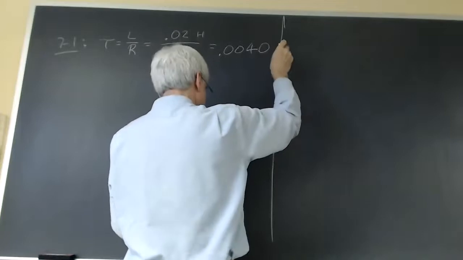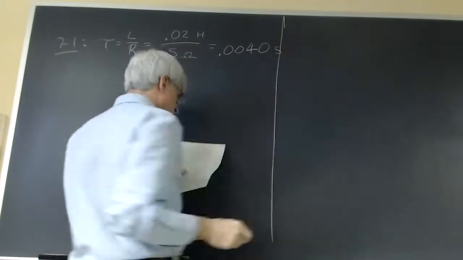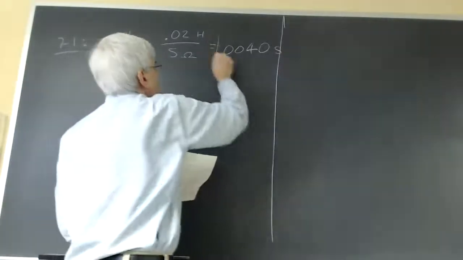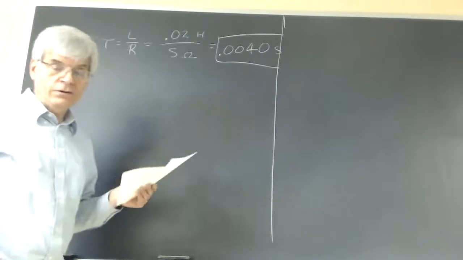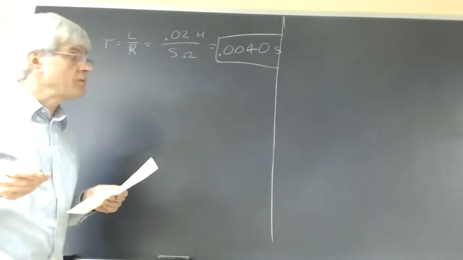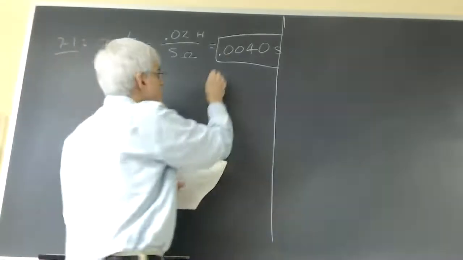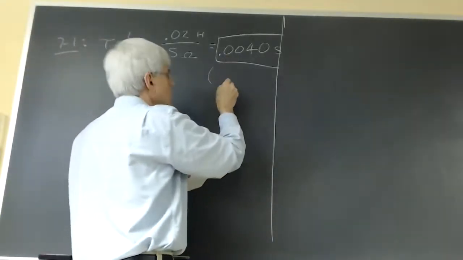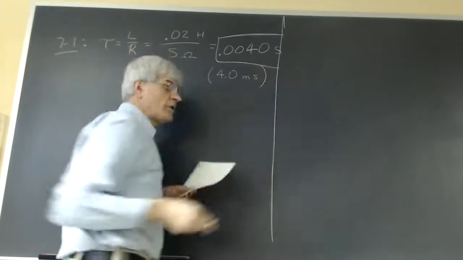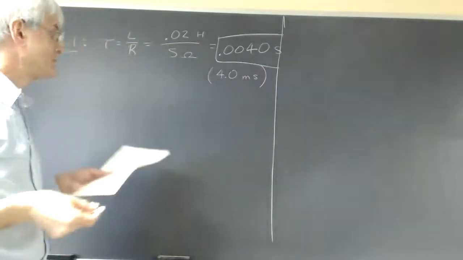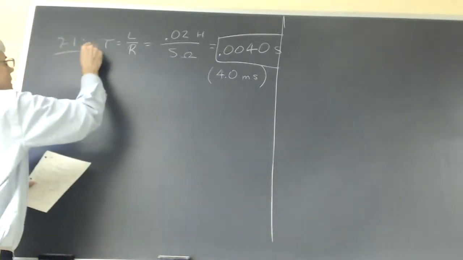Put a 0 on the end for another significant figure. That's measured in seconds. Question doesn't specify what unit to express the answer in, so it's fine to leave it like that. Although what many people might do is to call it 4 milliseconds. So that was part A.